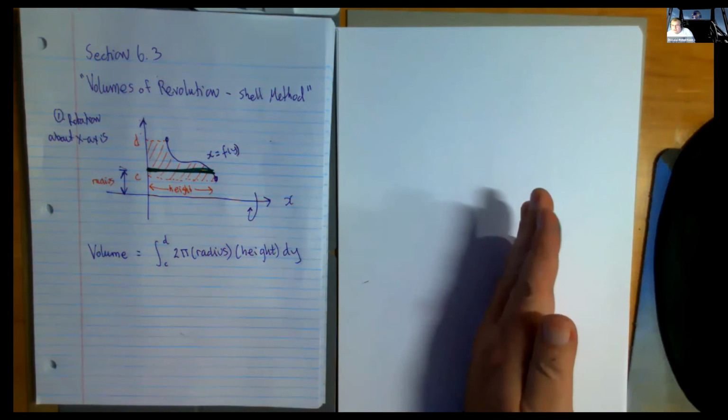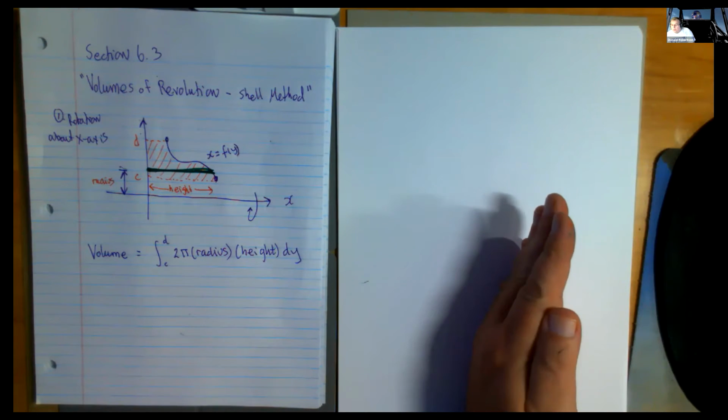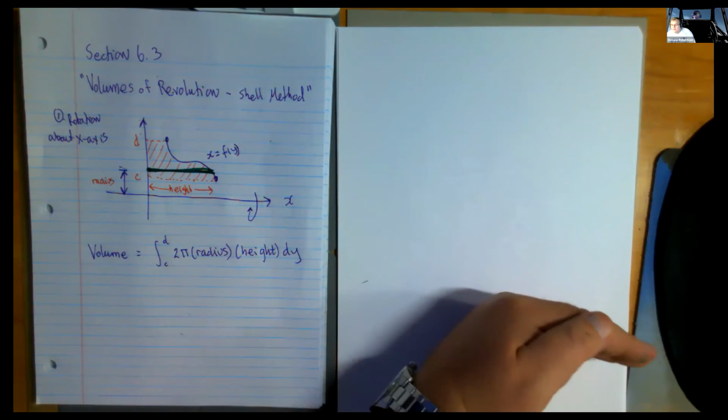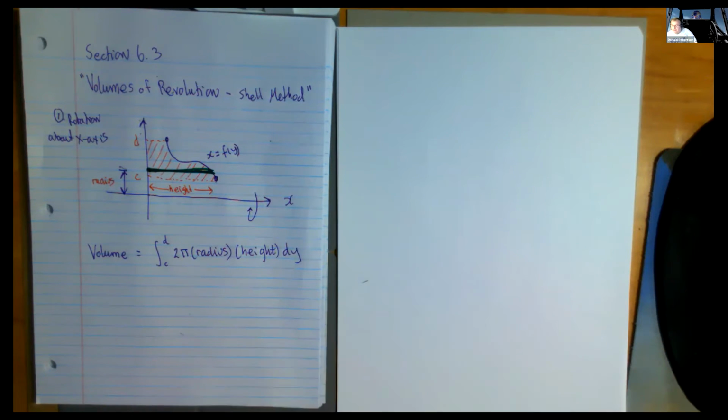So when you rotate on the y-axis direction, everything is x's. When you rotate on the x-axis direction, everything is y's. Isn't that the exact opposite of what the disk method does? When you rotate something in the x-axis with the disk method, everything is in x's, for instance.